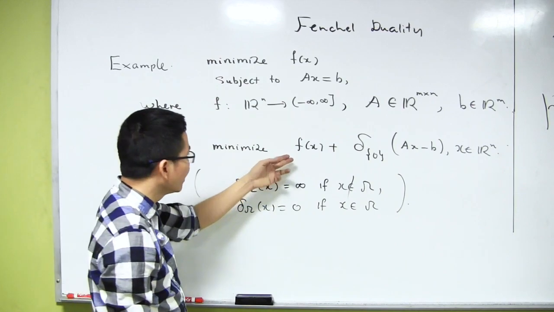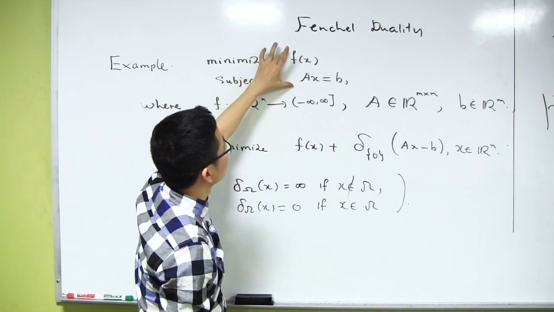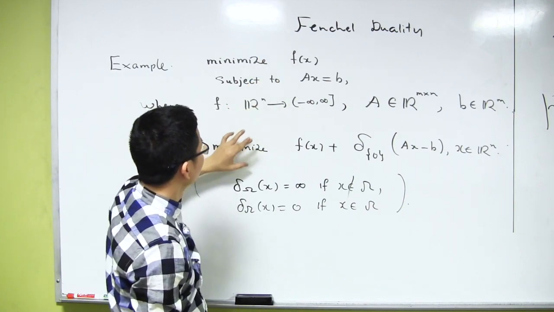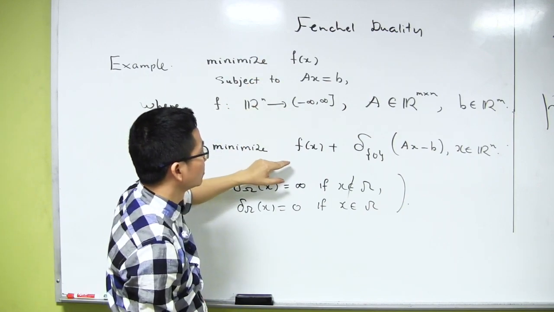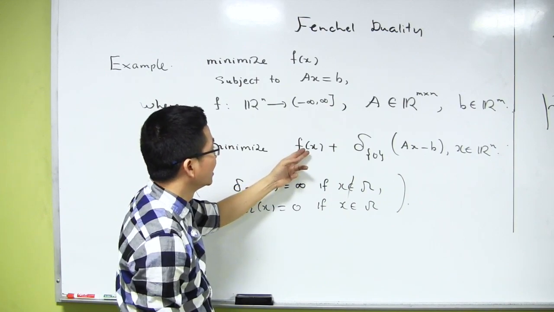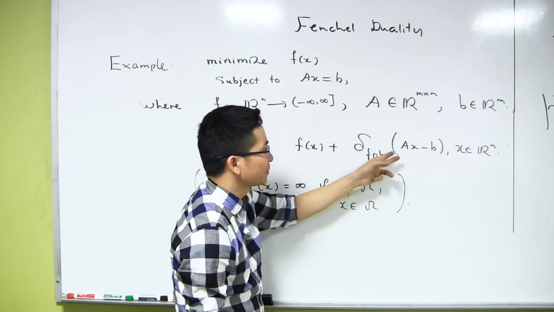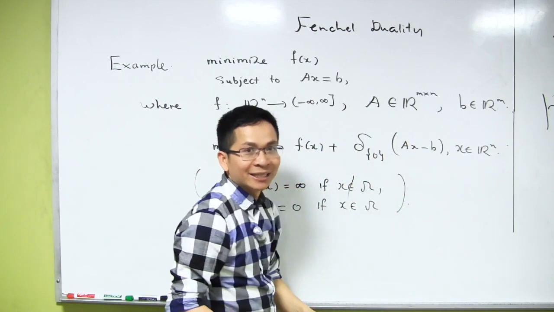So we convert this constrained problem to an unconstrained one in which we want to minimize f of x plus delta of the set {0} at Ax minus b.